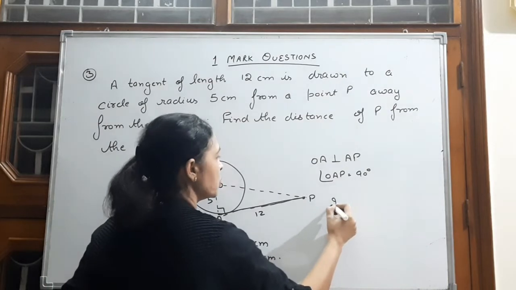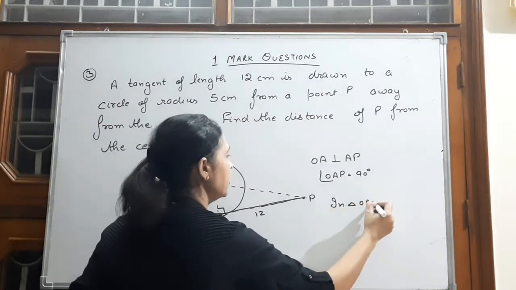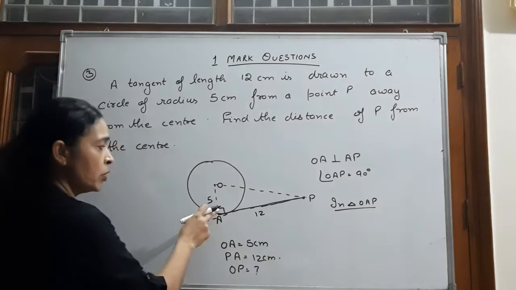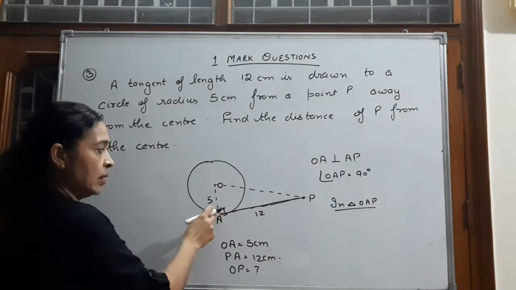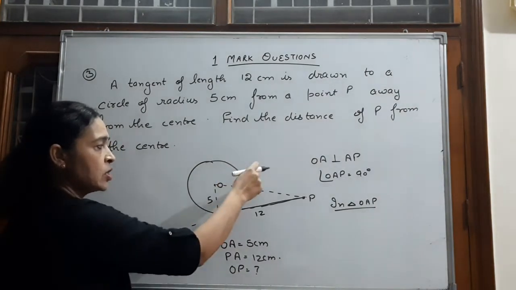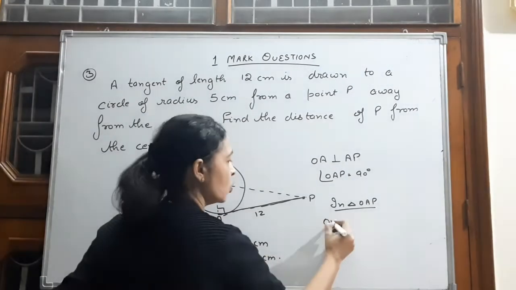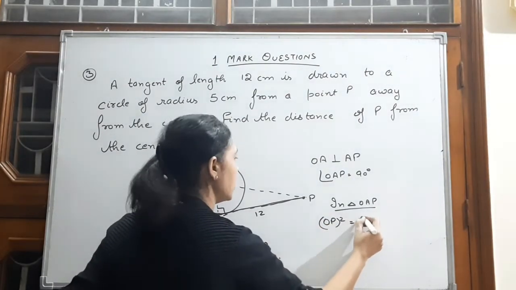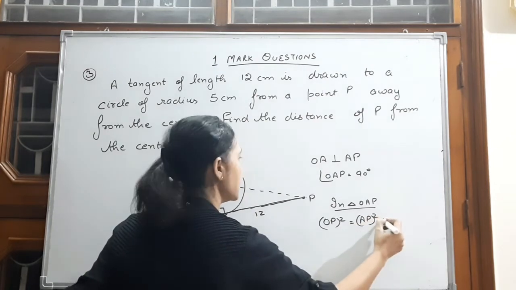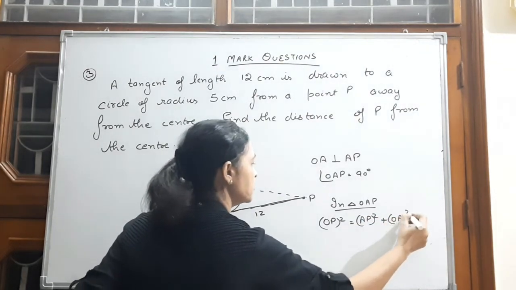As per Pythagoras theorem, in triangle OAP, which is the hypotenuse, the side opposite to 90 degrees. This is 90 degrees, opposite side is OP. OP square equals to AP square plus OA square.